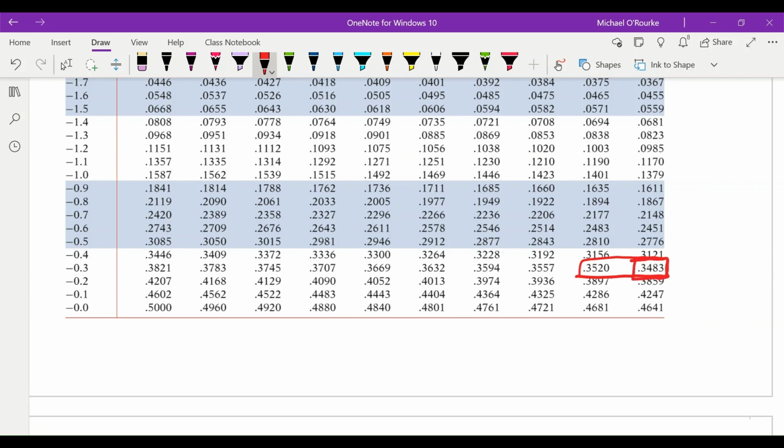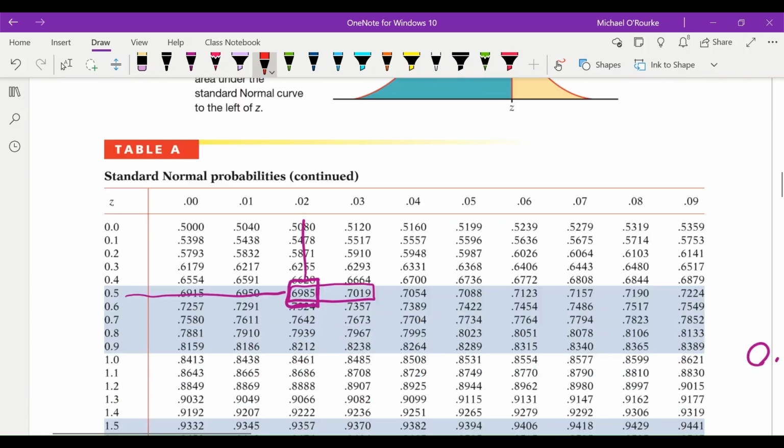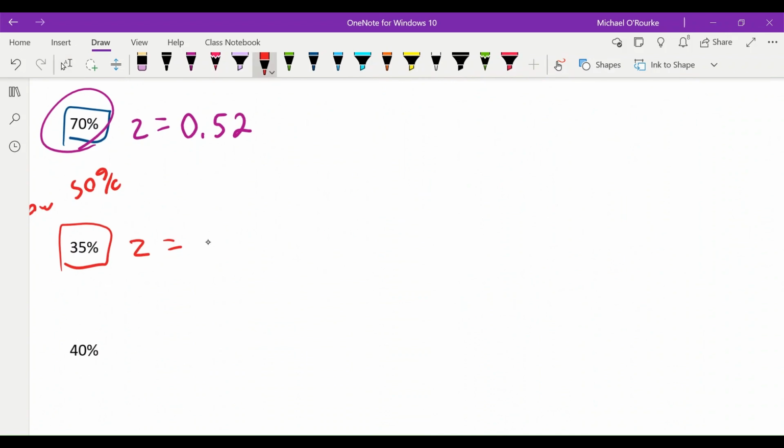Right? That's 0.0020 off, where this one is 0.0017 off. So it's a little bit closer. So that is negative 0.39. Right?